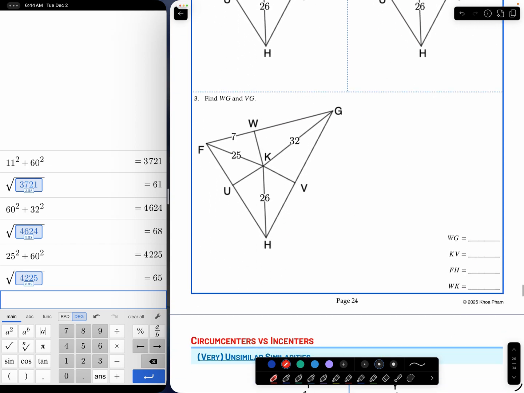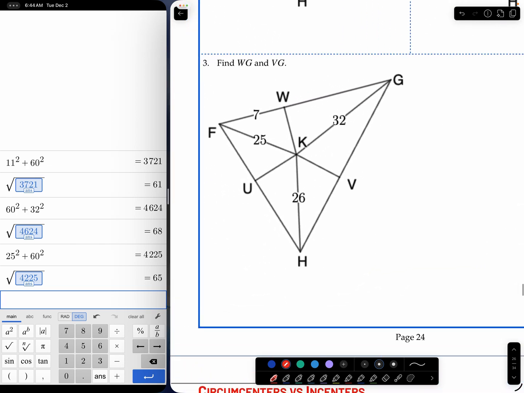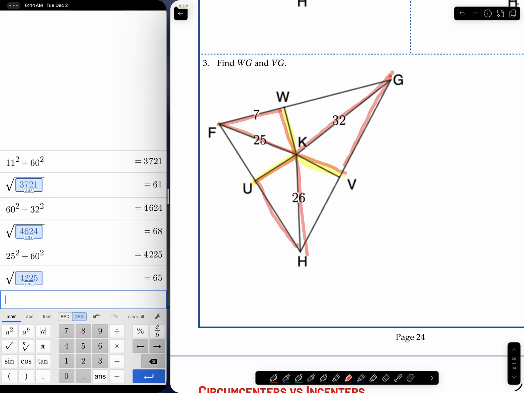So let's try this one more time in this diagram here. Notice that the incenters, the in radii, are here, here, and here, and we are not given them. Pause. We're going to separate out the 3 triangles that we're going to use. Notice that the right angles go here, here, and there.